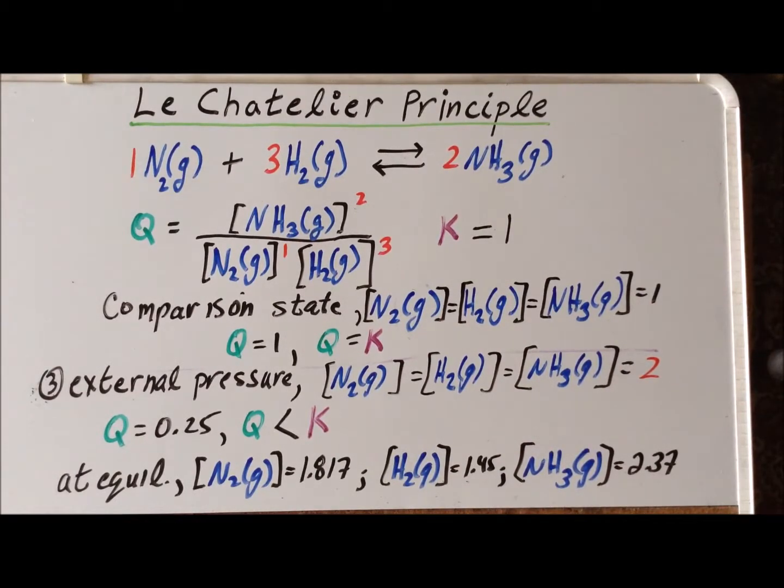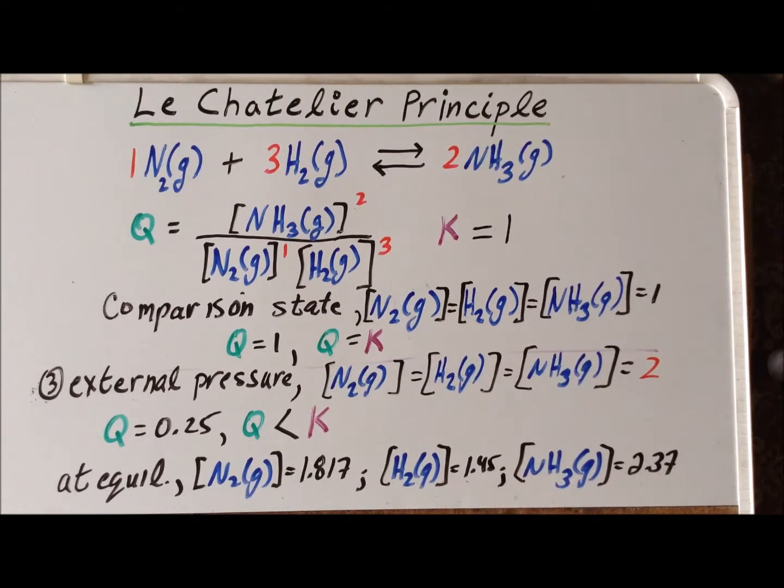There's something else here which we can calculate very quickly. Since each of the 3 gases has a concentration of 2, the overall concentration is 6, 2 plus 2 plus 2. So we have a concentration of 6 for the moles of gas.